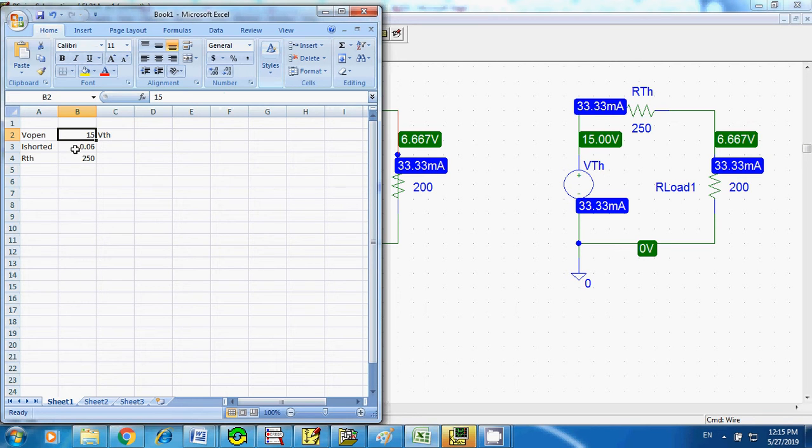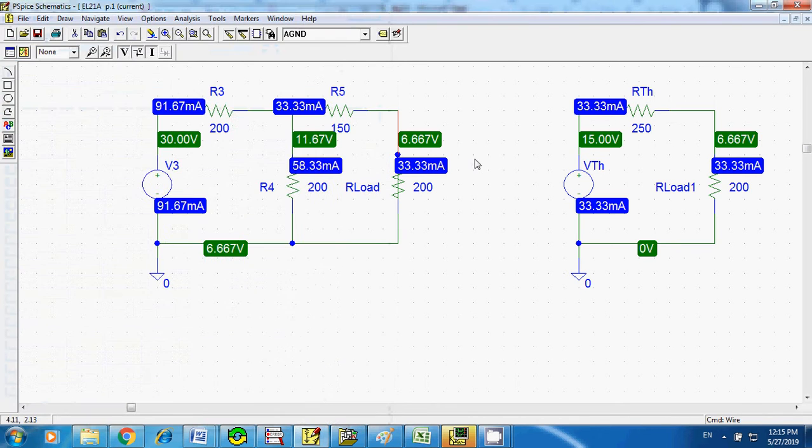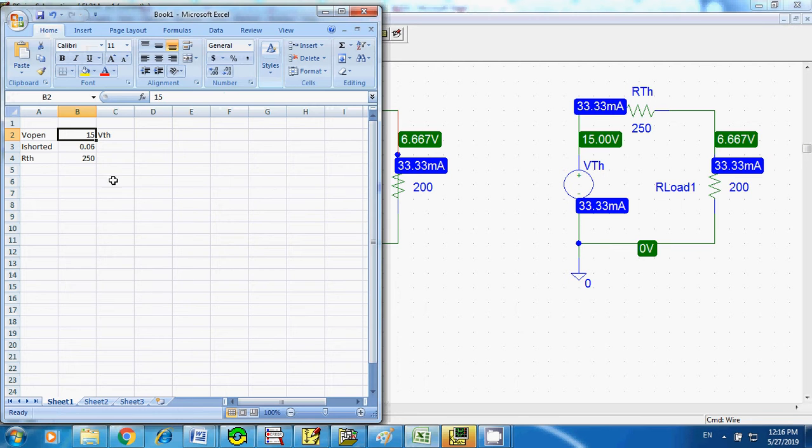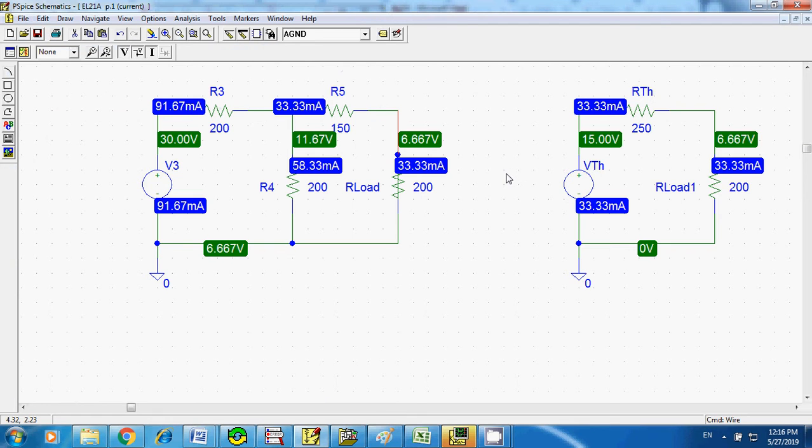You have I short, 33.33 milliamps. Did I do something wrong here? So I short has to be what?